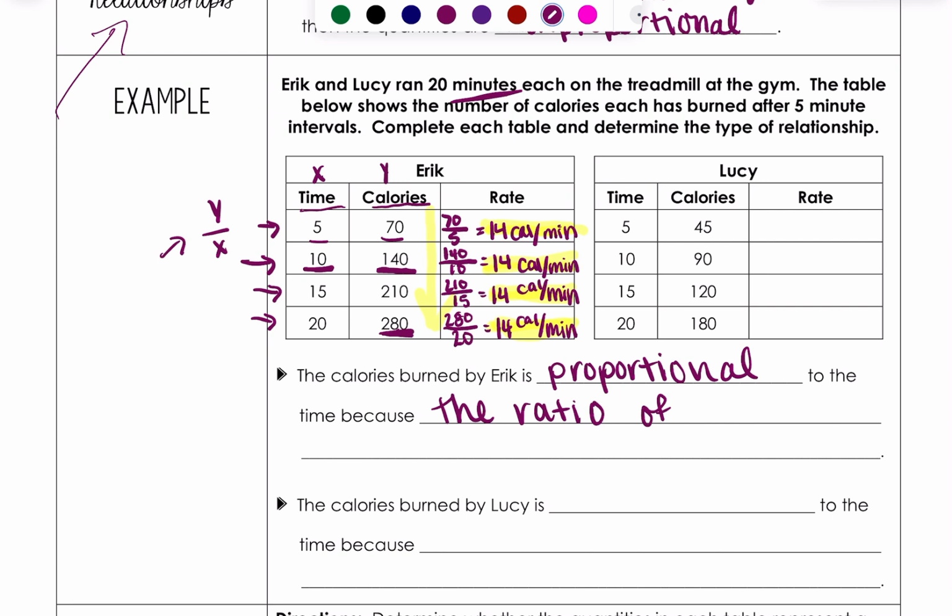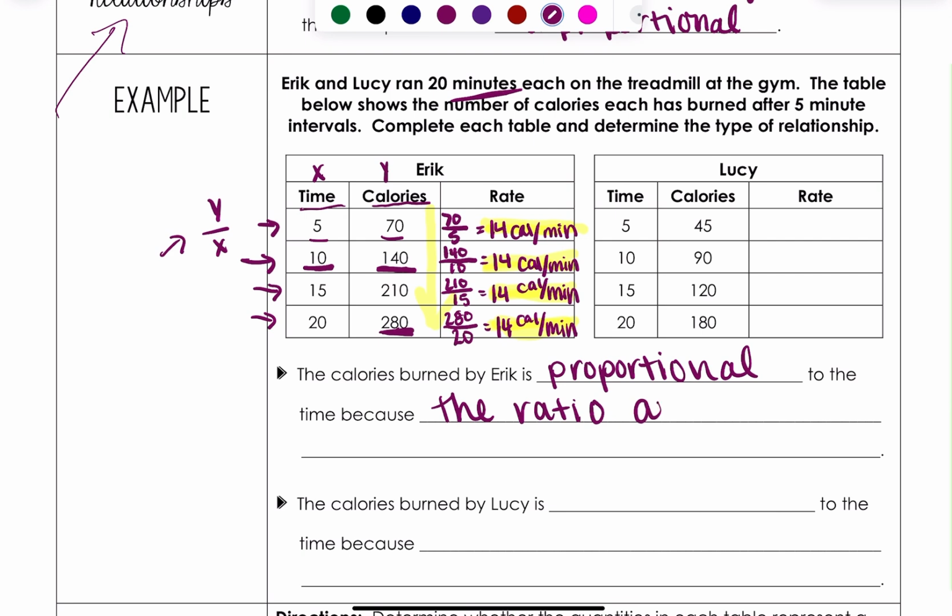And I'm going to go ahead and pick 70 to 5. Or sorry, we actually don't have to do that. Because the ratios are all equal to each other.